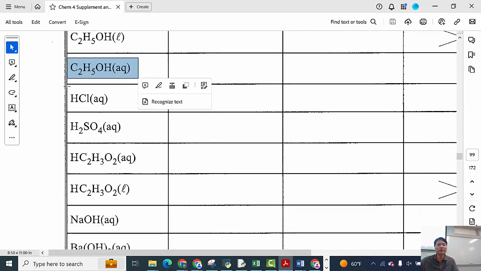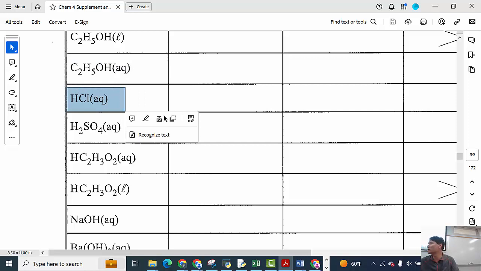Okay, next we're looking at this. Can you name that for me? This is the number 1 most common acid in lab. What is it called? It's called hydrochloric acid.